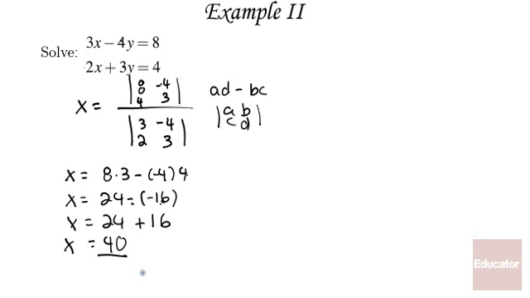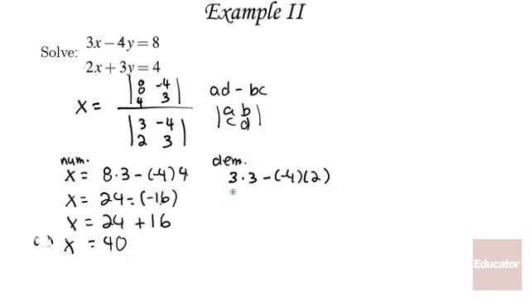over this denominator. Okay, so let's find the denominator. So that's the numerator for x. Now, to find the denominator, I have 3 times 3 minus negative 4 times 2.